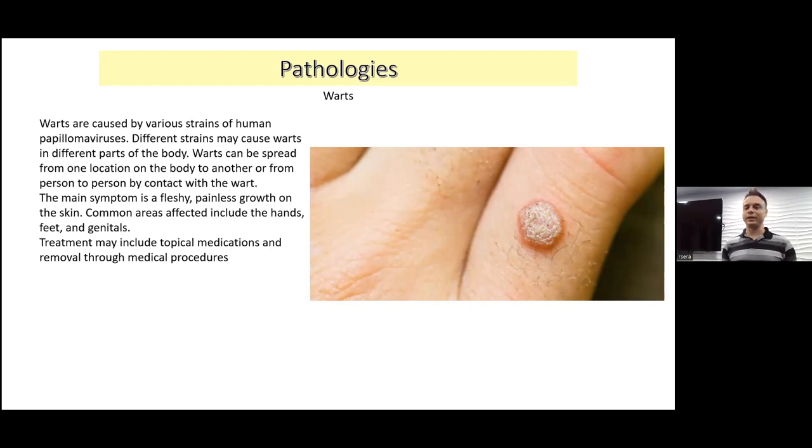Warts are the grainy growths typically found on the fingers, hands, toes, feet, but could be found in other places as well. Warts are contagious, so do your best to avoid them.